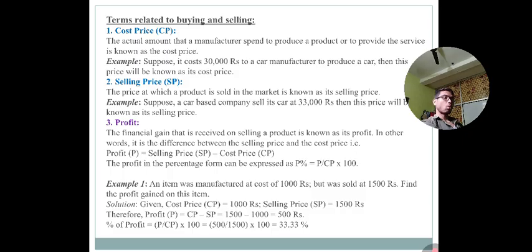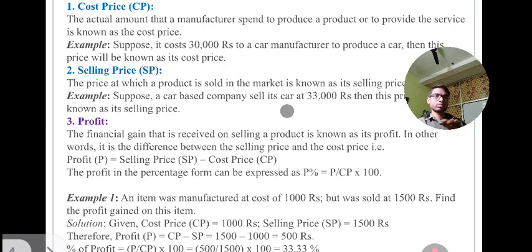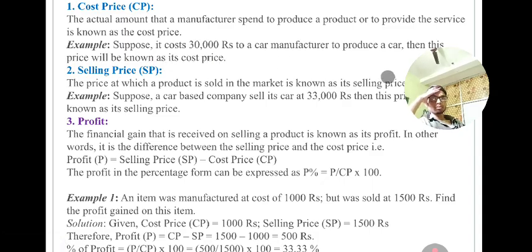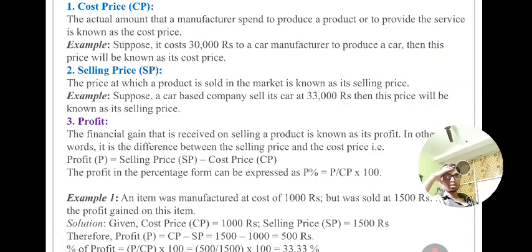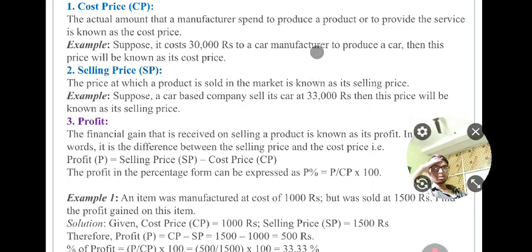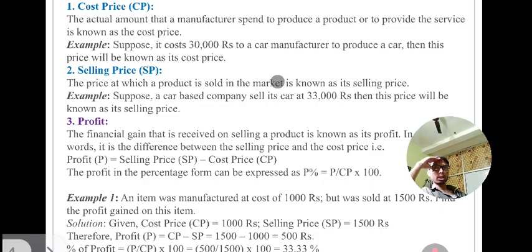Example, suppose it costs 30,000 rupees for a car manufacturer to produce a car, then this price will be known as its cost price.